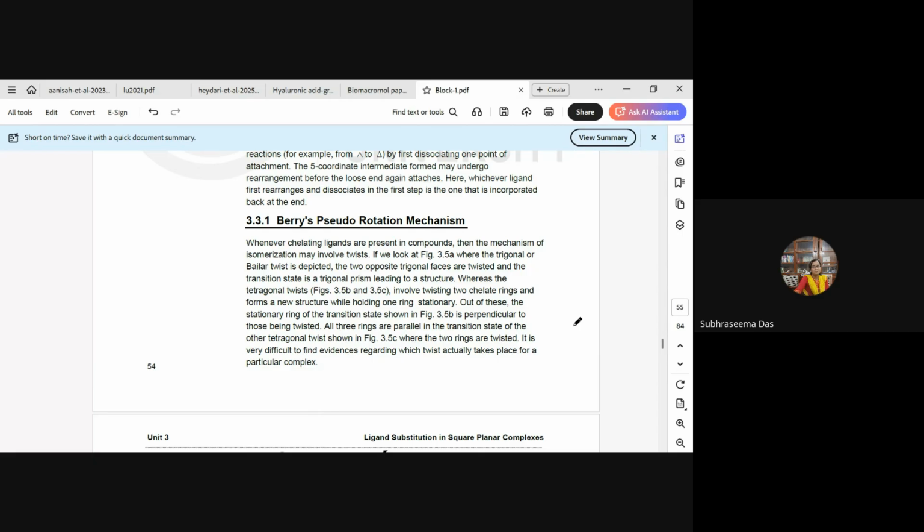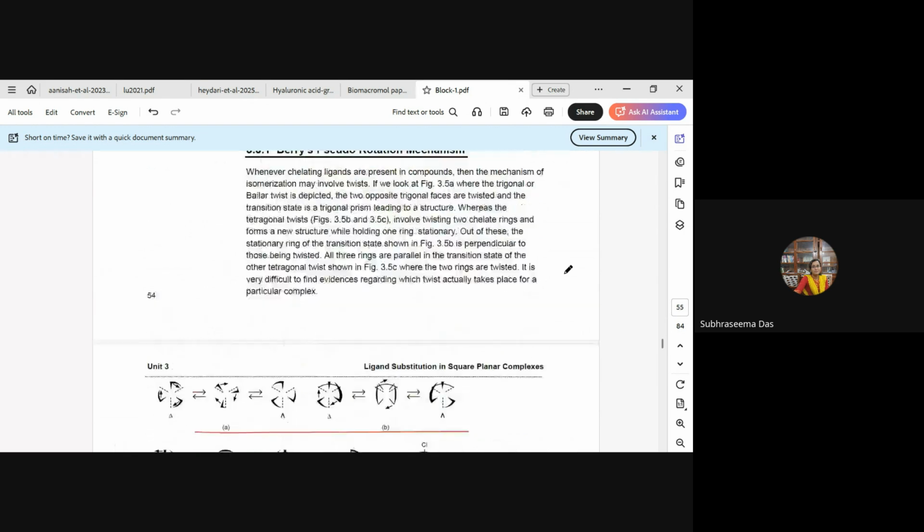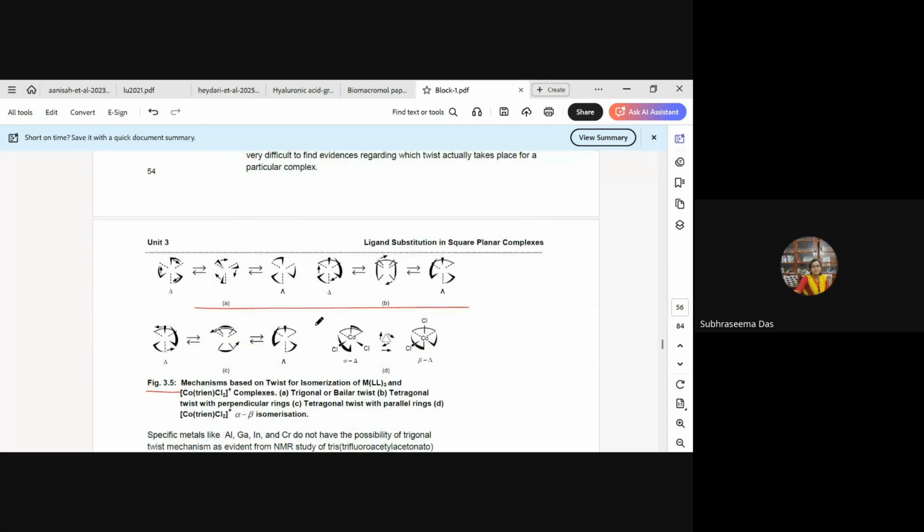Whenever chelating ligands are present in compounds, the mechanism of isomerization involves twists. In figure 3.5, the different twists for different types of complexes have been shown. Here you can see how the twist occurs.